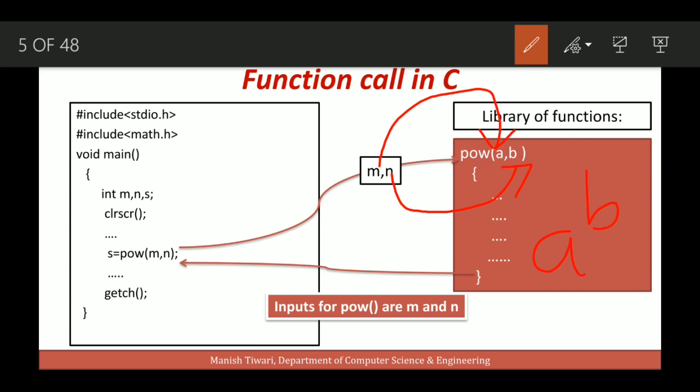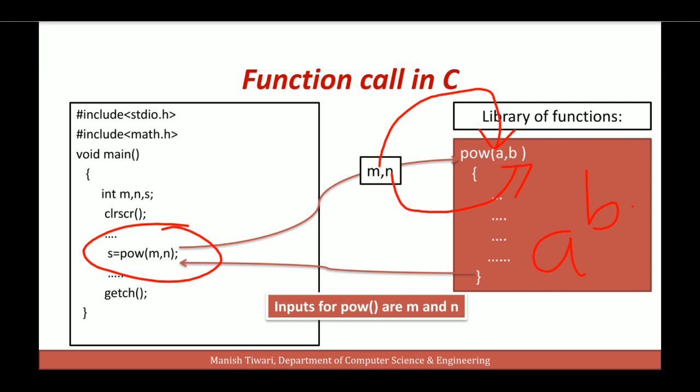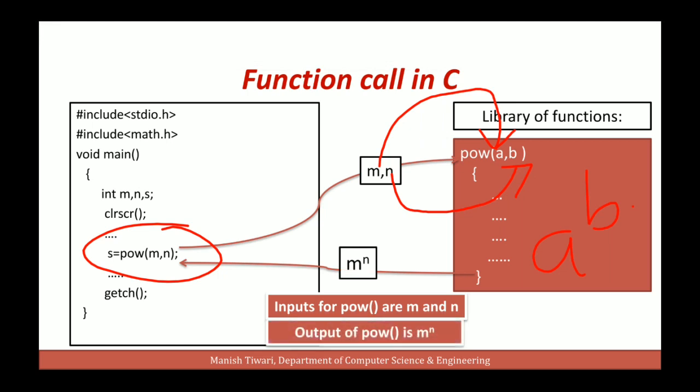And since the value of a is equal to m and the value of b is equal to n, a to the power b will be equal to m to the power n, which is the required output. So this pow function is basically taking m and n as input and providing m to the power n as output. So this function takes input and provides output also.